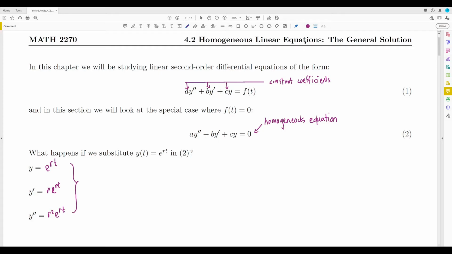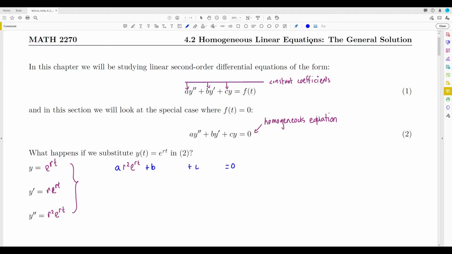So we get a times y double prime. So y double prime is r squared e to the power rt, and then plus b, and let me put in plus c here, equals 0.